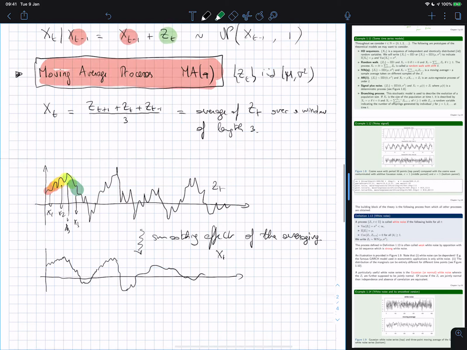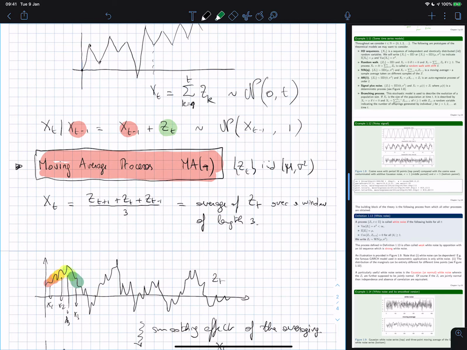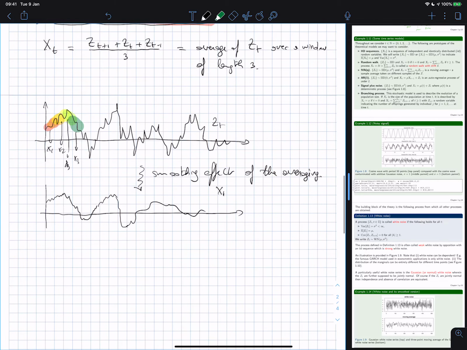So why is this called a moving average? Well, because you're taking an average with a moving window. That's why it's called a moving average.